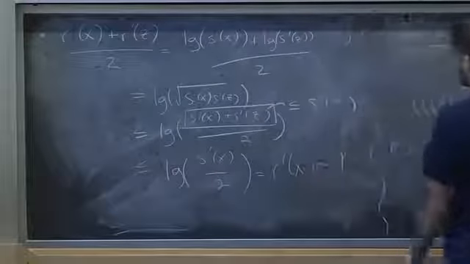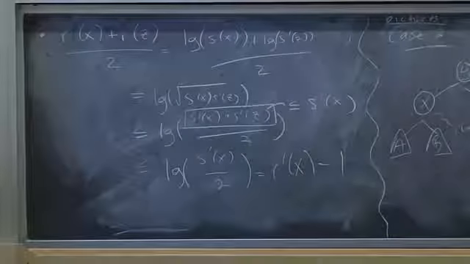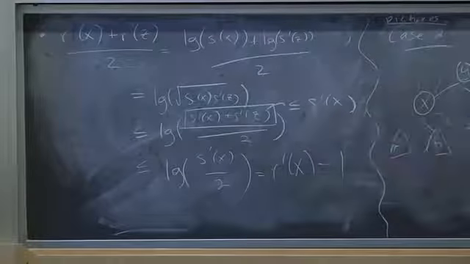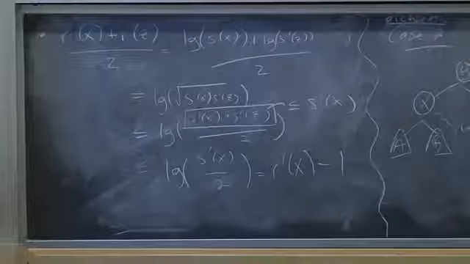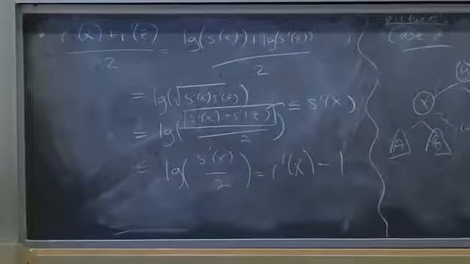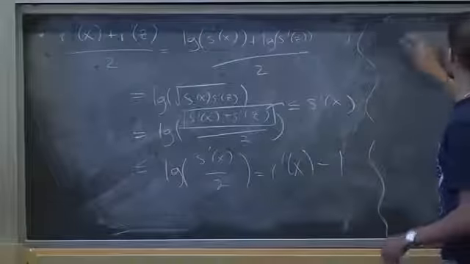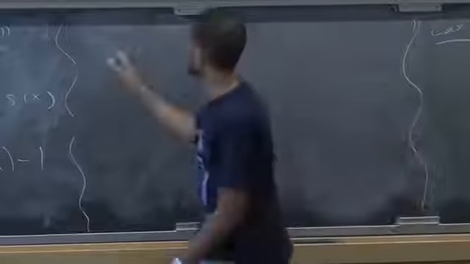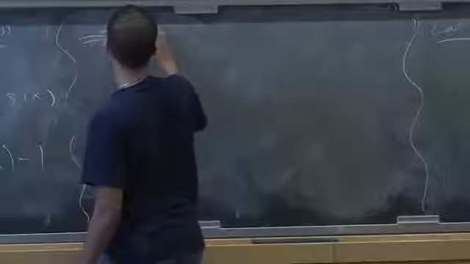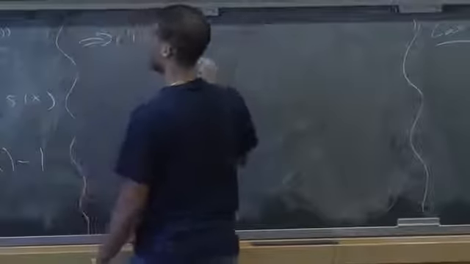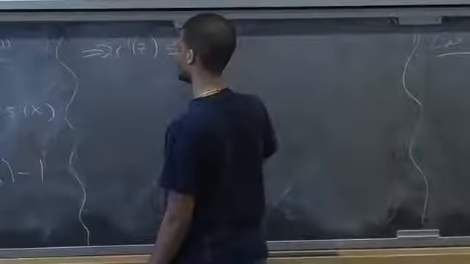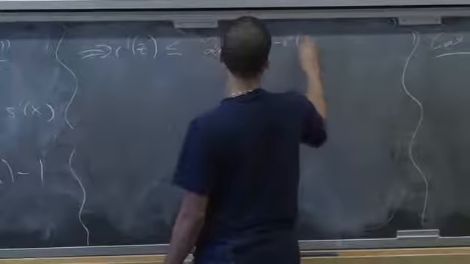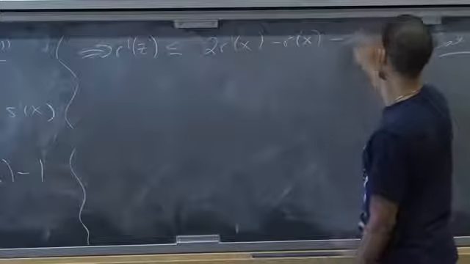So now I can get rid of this picture finally. Are people happy with this inequality? Okay. So multiplying by 2 and bringing over the r of x, this all implies that r prime of z is at most 2r prime of x minus r of x minus 2.